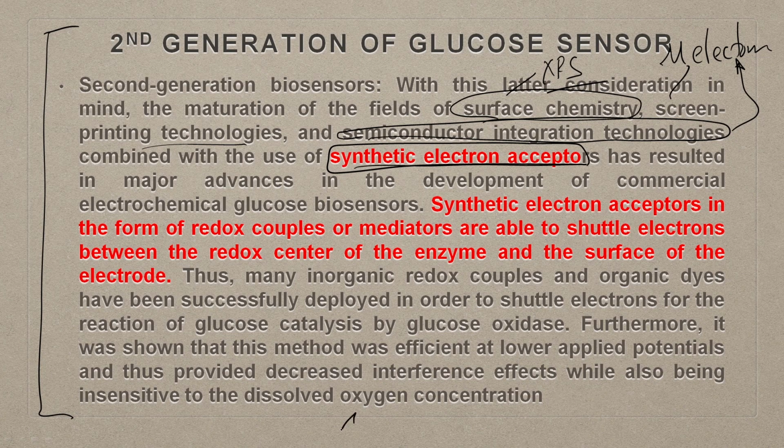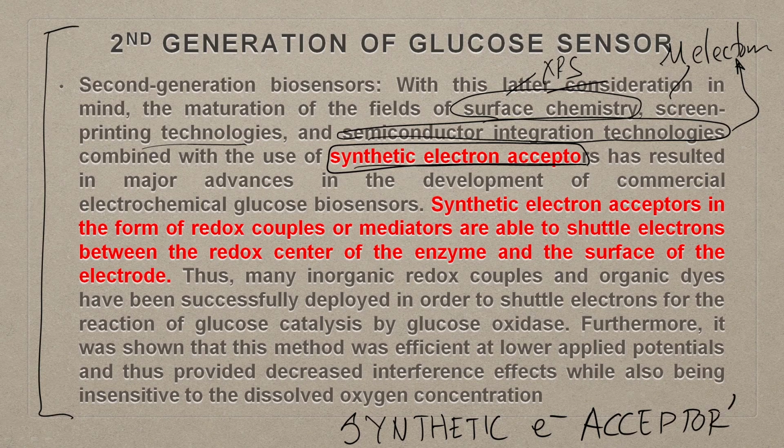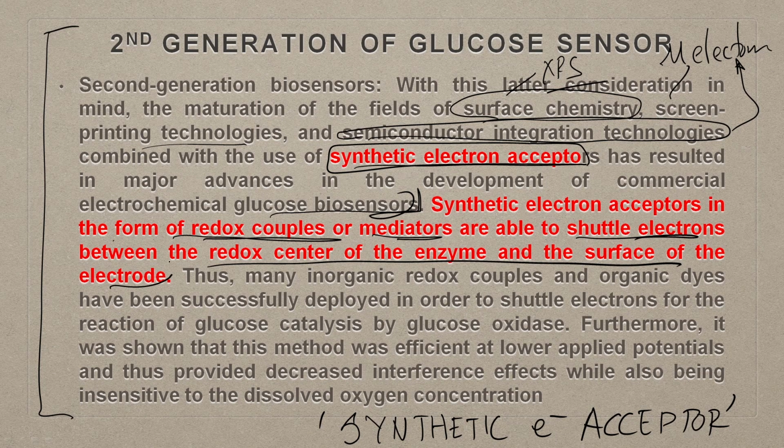This is one important point. You could chemically synthesize these electron acceptors, which resulted in major advances in development and commercial electrochemical glucose sensors. A synthetic electron acceptor in the form of a redox couple or mediator is able to shuttle electrons between the redox center of the enzyme and the surface of the electrode.